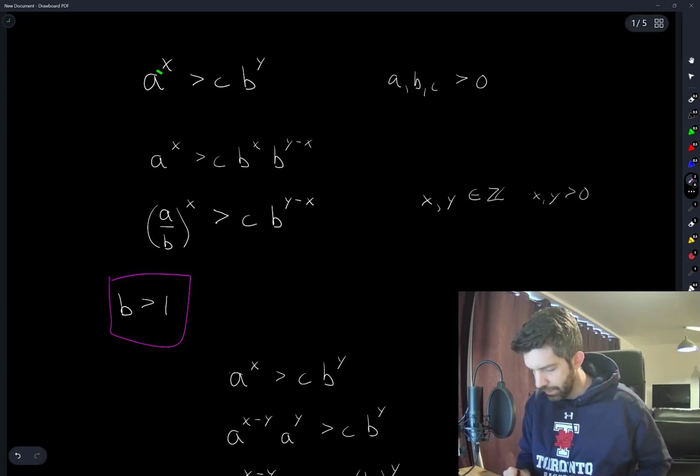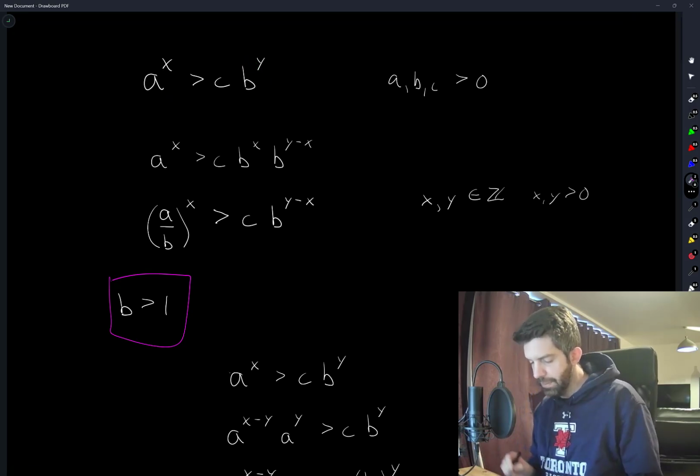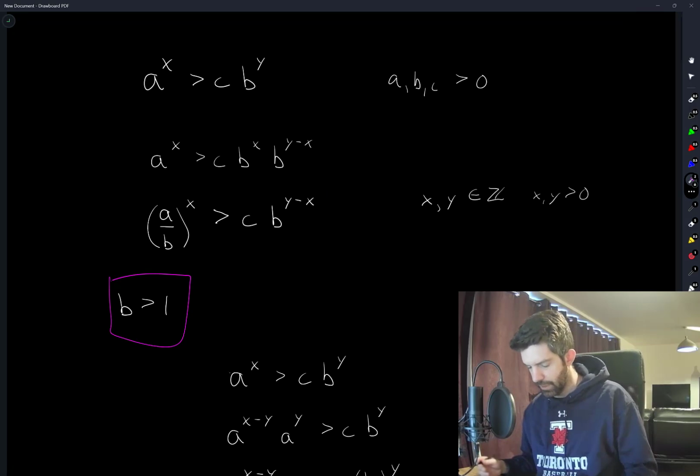That didn't really work though, because the bases here, A and B, are different. And so I figured, let's just manipulate the equation to get things together in some form like this. Then, the fact that everything's positive, understanding how exponents work when the base is greater than 1 or less than 1 was key here.